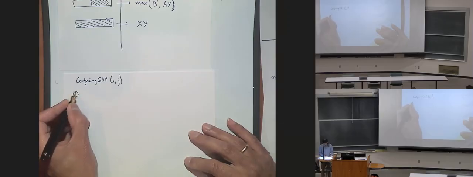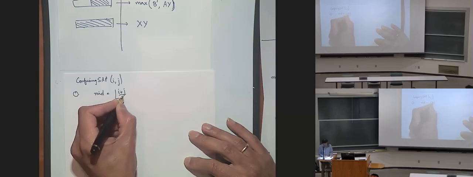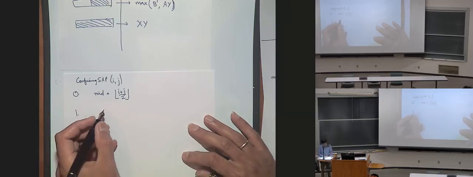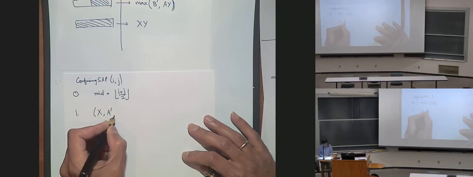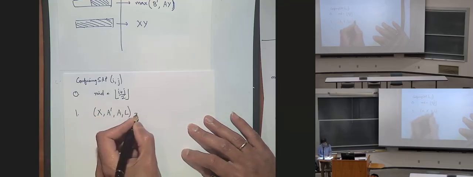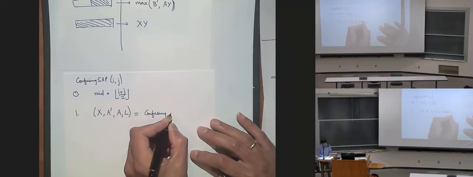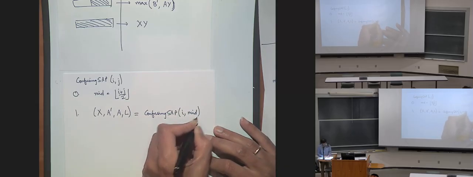First, the 0th step is mid equals (i plus j) over 2. Then we'll say x, a prime, a, l is the output of confusing SAP from i to mid.